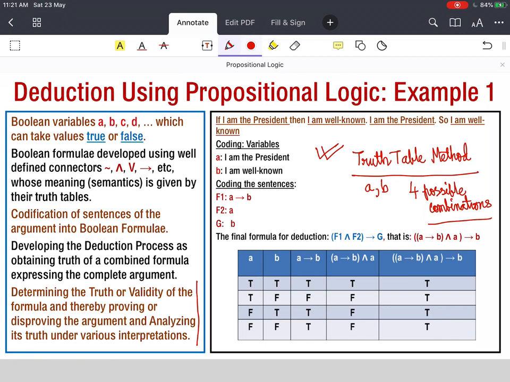Now with these four rows in the truth table, A implies B attains this truth, because A implies B is true if A and B are both true and if A is false.